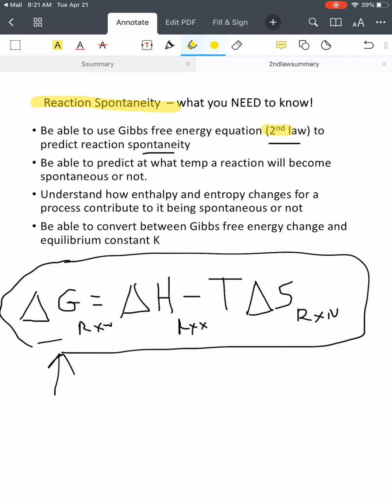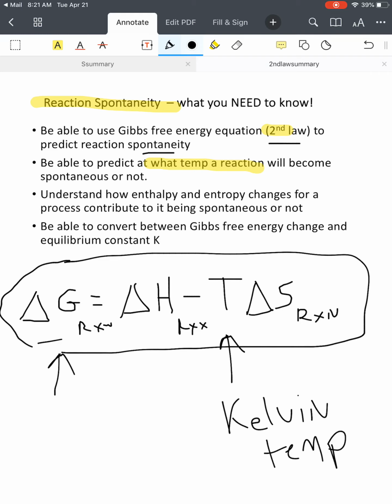Another type of problem might ask you at what temperature a reaction will become spontaneous. And that temperature dependence, of course, is built into this equation because over here on the right, we have a T term. Remember, that's our Kelvin temperature.